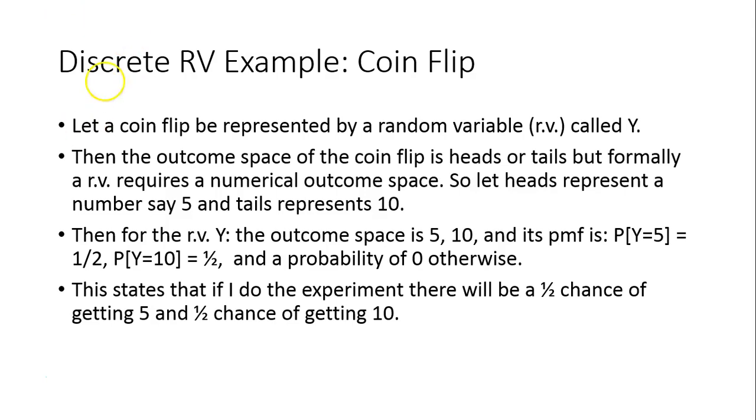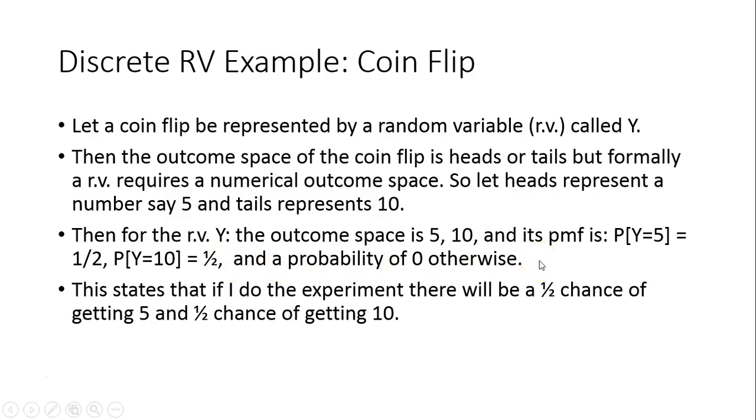Then, watch. For the random variable Y, which is the coin flip, the outcome space is 5, 10, and the PMF, or probability mass function, you say probability Y equals 5 equals a half, and probability Y equals 10 equals a half, and probability 0 otherwise.